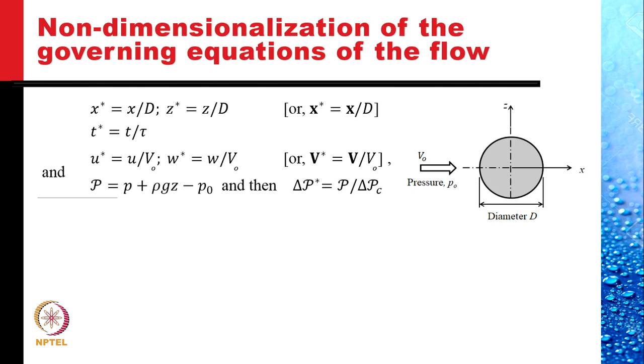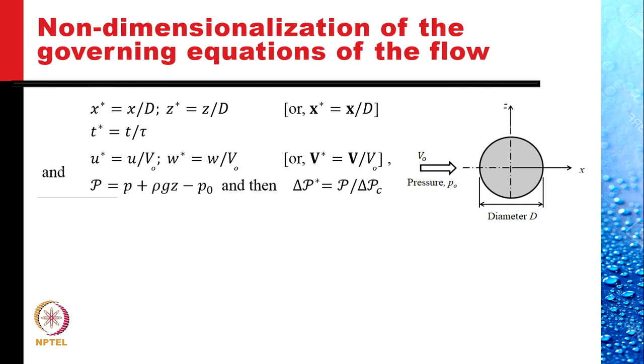And we introduce the normalizing quantities d for the lengths, tau for time, where tau is yet unknown, and V naught for velocity. We introduce the non-gravitational pressure term, script P, which is defined as P plus rho gz minus P naught.